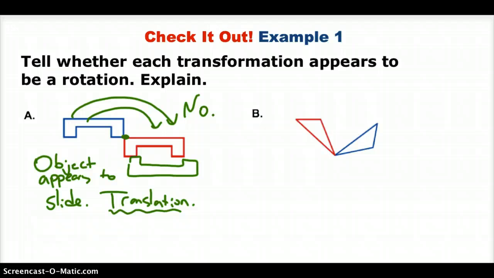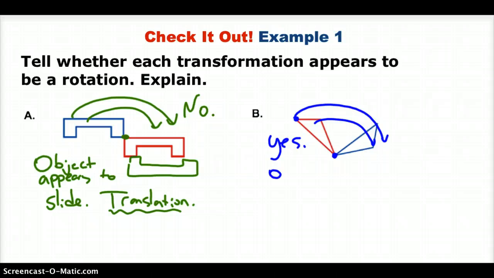Okay, on this last one, again, we have this shared point here, and it looks like everything does match up here. It looks like we're turning this way, or we could actually rotate it counterclockwise, which we'll get more into in a second. But yes, this does appear to be a rotation.